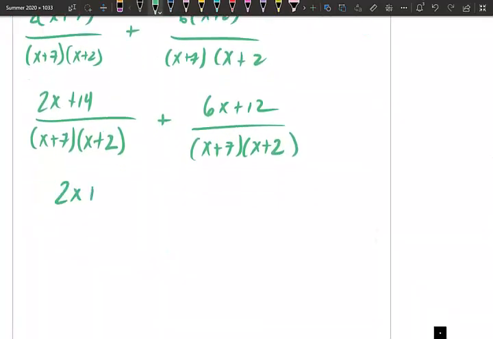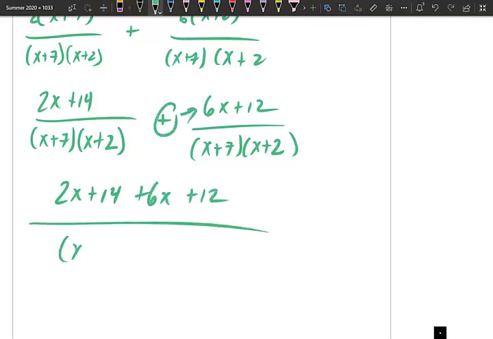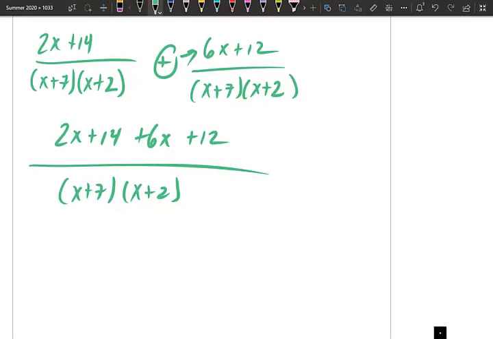So we have 2x plus 14 plus 6x plus 12. Combine like terms: 2x and 6x is 8x, and 14 and 12 is 26. That's over our denominator.